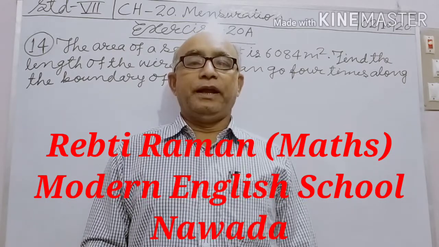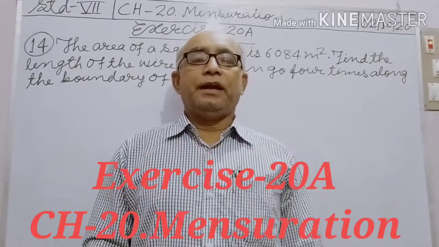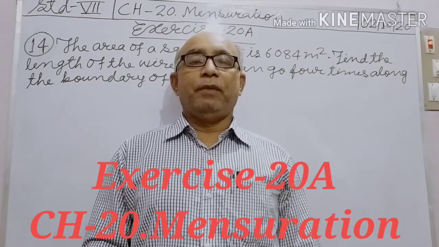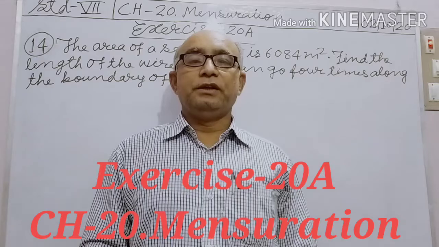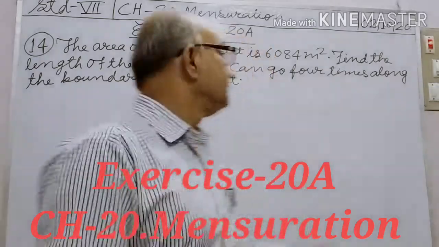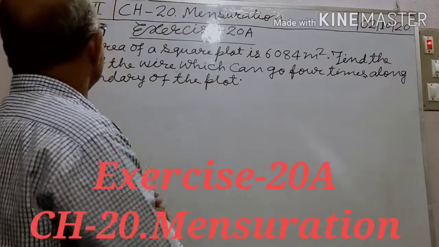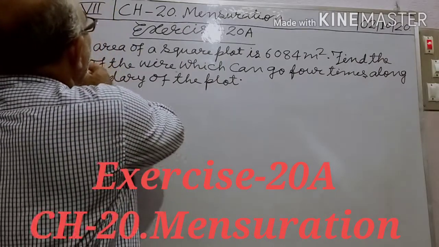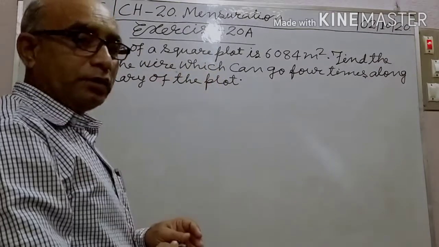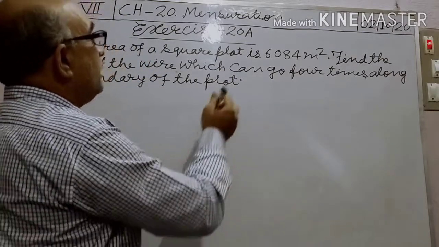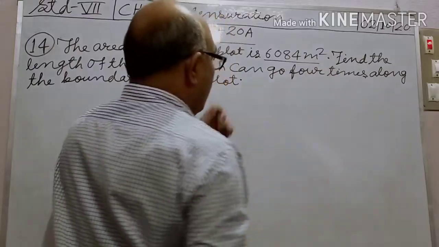Students, today I shall solve exercise 20A of chapter 20, mensuration. The first question is question number 12, written on this board. In this question, the area of a square plot is 6084 meter square.